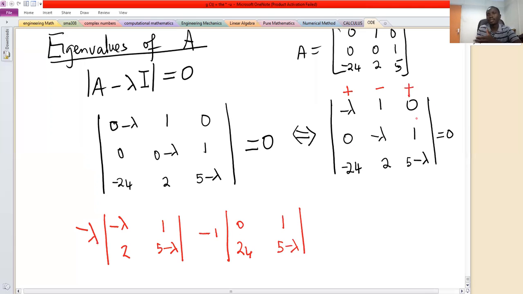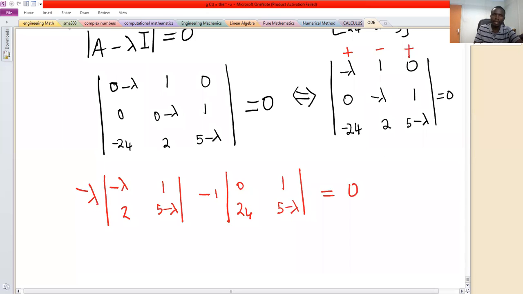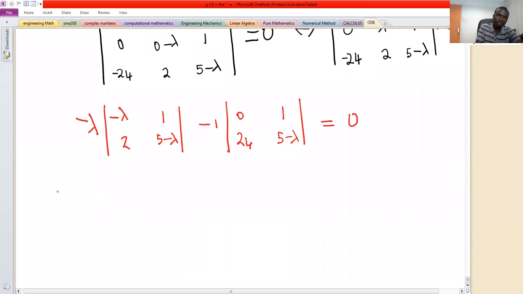Then this will be 0 times this submatrix, and that will just give us 0. So we'll have negative lambda into, this will be lambda squared minus 5 lambda minus 2 minus 1. 0 times this is 0. 24 times 1 is 24.